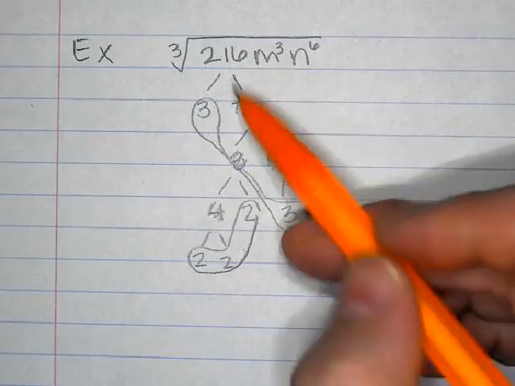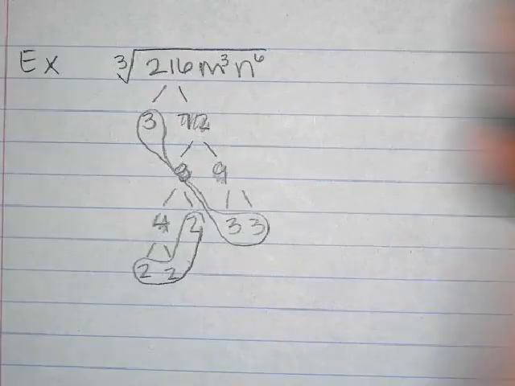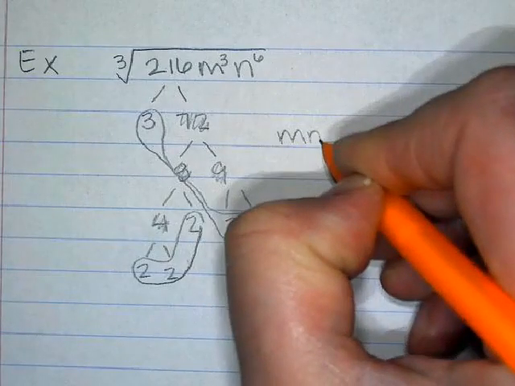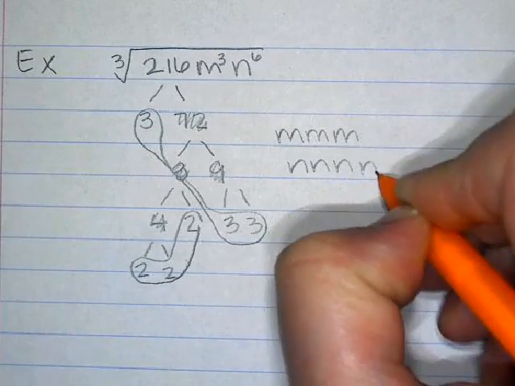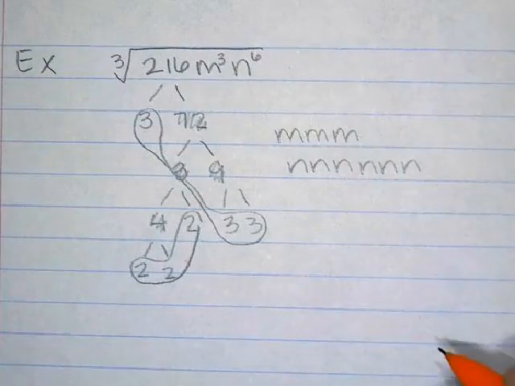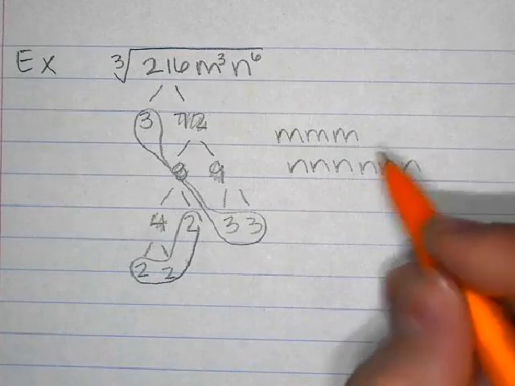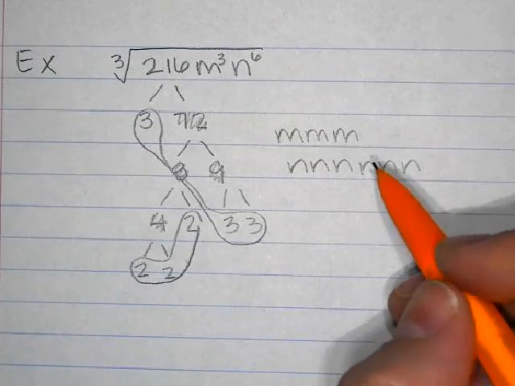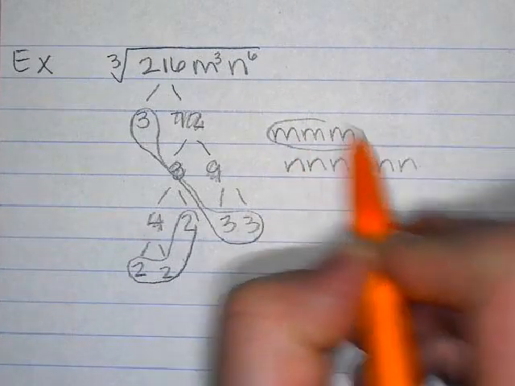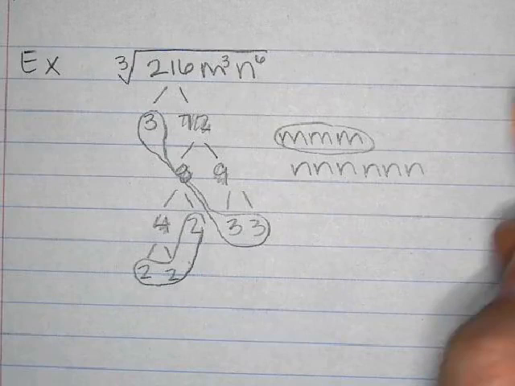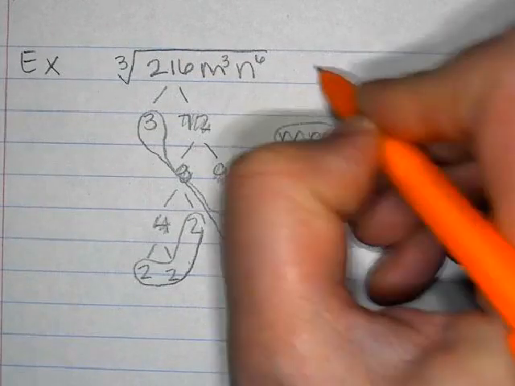Let's look at the letters. I'm going to write out M 3 times, and then N 6 times. And then what am I circling? Triples. So I've got a triple of M's and 2 triples of N's. Okay, so we said this was 6. We did 3 times 2.